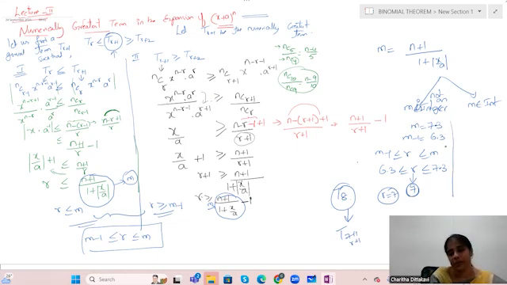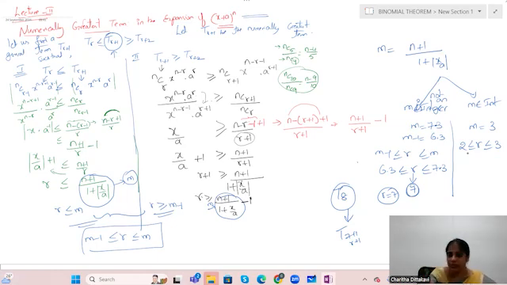Now, when your m is an integer, what is the case? Suppose m equals 3, right? So r is less than or equal to 3 and greater than or equal to 3 minus 1, that is 2. So r can be both 2 and 3, isn't it?